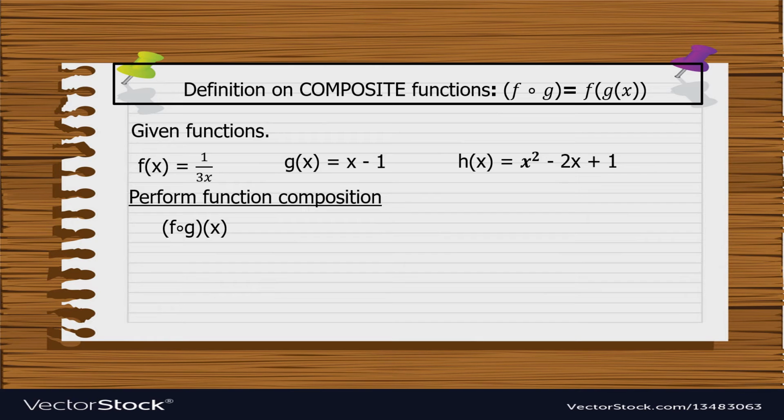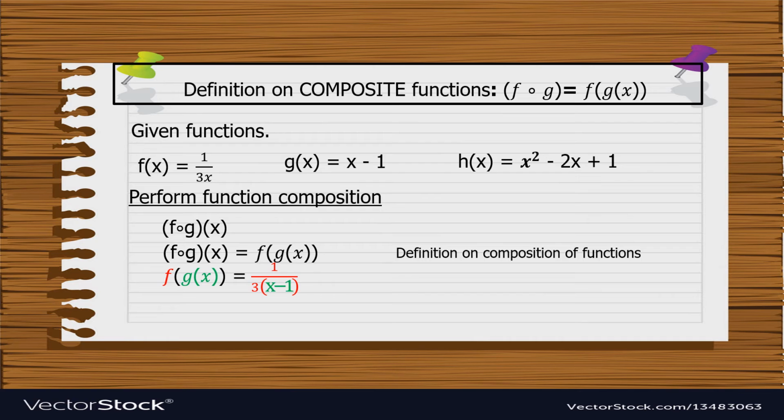So we have f composed with g of x, and that is equivalent to f of g of x by its definition. Next, f of g of x, as you can see here, g of x will be our replacement value or the input value. So all the x variables in the function f will be replaced by function g.